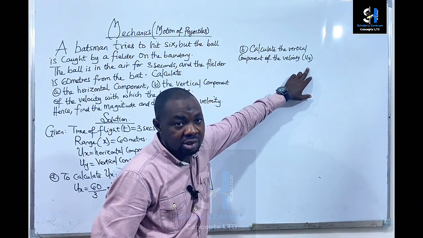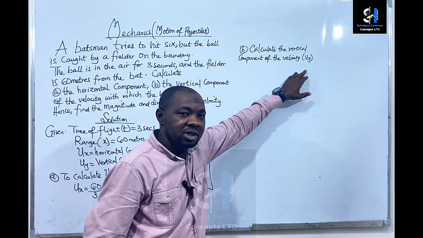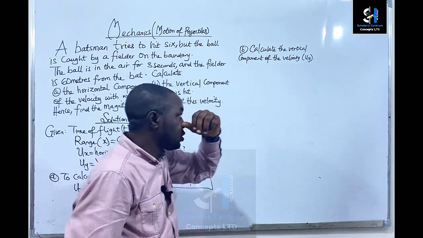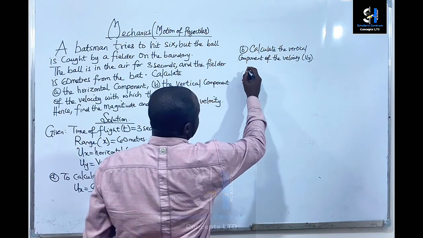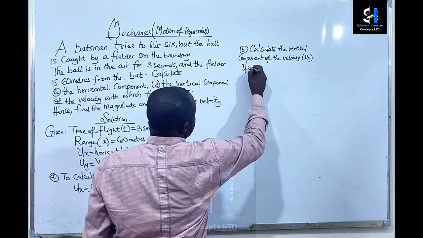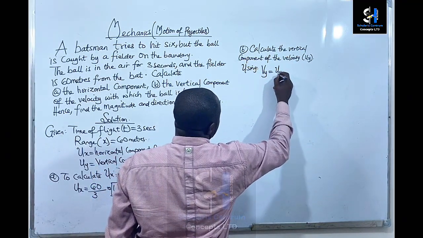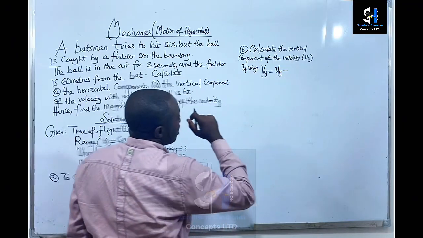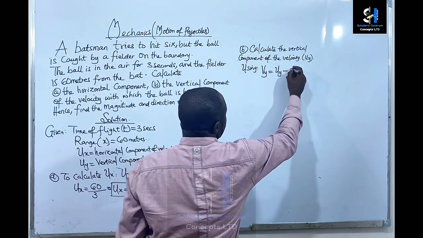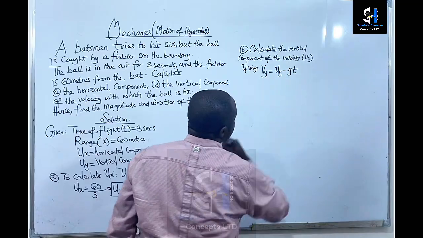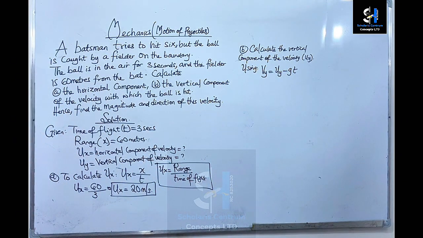Now, let's not forget that Uy is the vertical initial velocity. The formula for vertical velocity is Vy equals Uy, minus gt, where t is the time of flight.